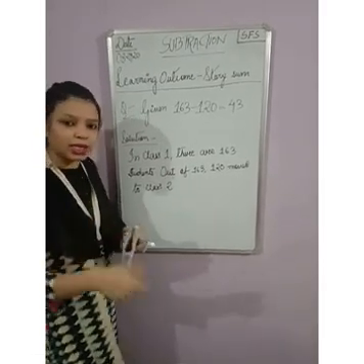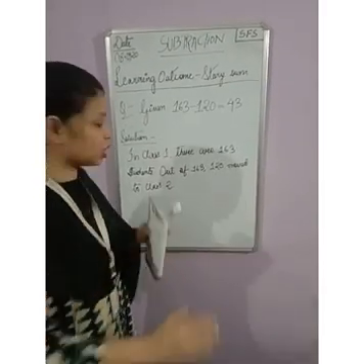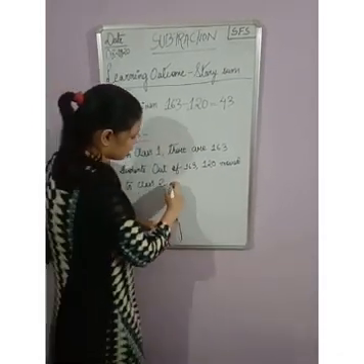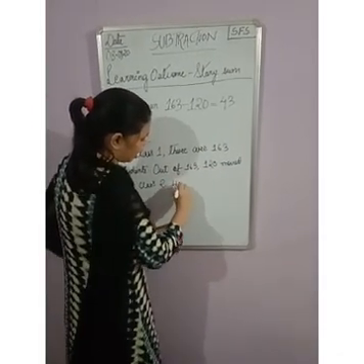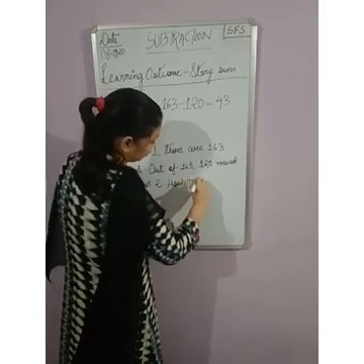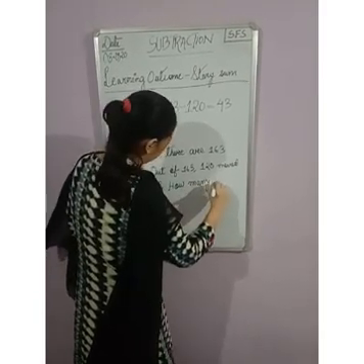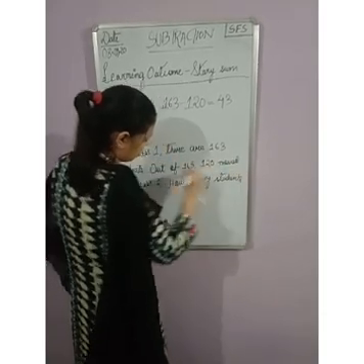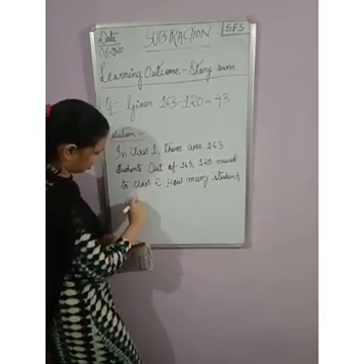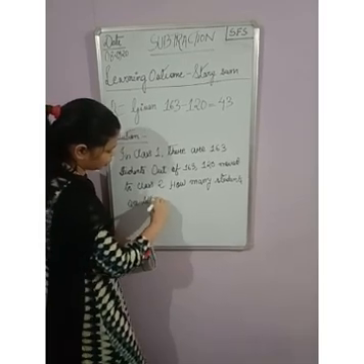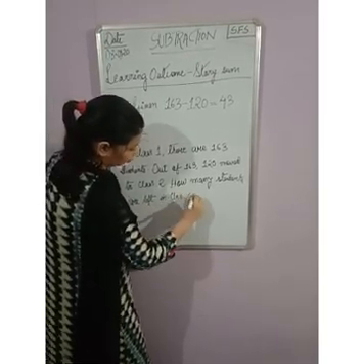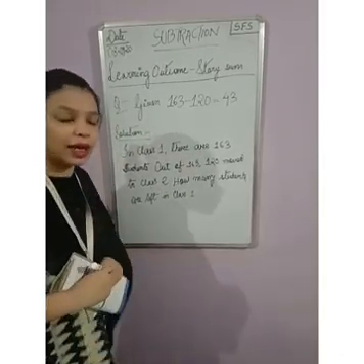Okay, now what is our next part? The next part is the question. This is the story. The next part is the question. So my question is, how many students are left in class 1?